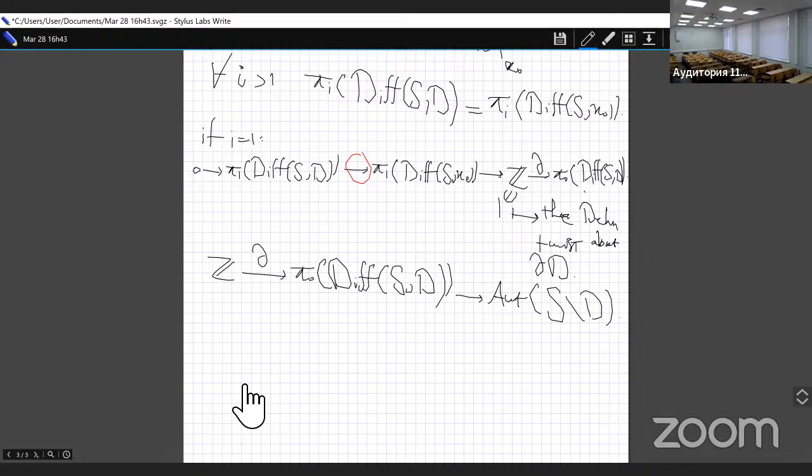But I mean automorphisms, sorry, pi1 maybe. By doing this, again, this goes to a Dehn twist. Let me denote the Dehn twist by delta. And again, what this does, by doing this method.